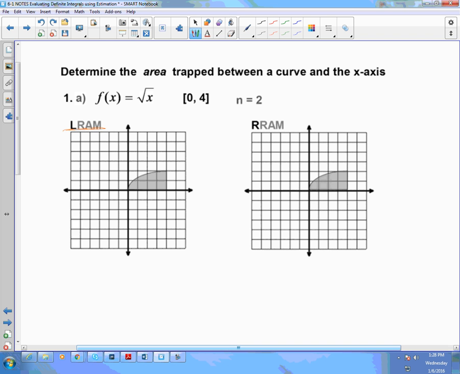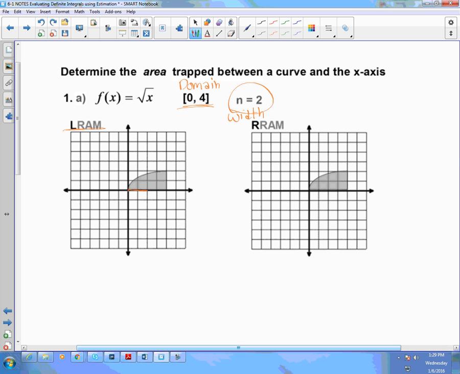How wide is the rectangle? 2. The domain is from 0 to 4, that's your domain, and this is your width. So the base of my rectangle is from 0 to 2. How tall is the rectangle?